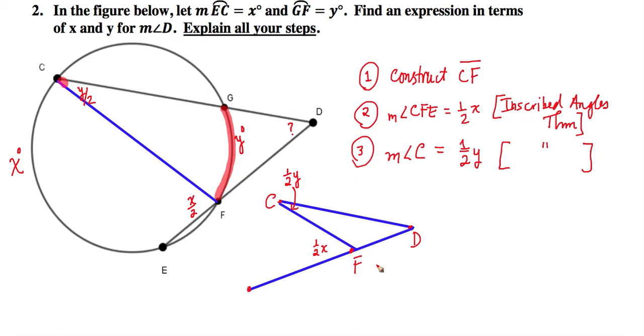And from the exterior angle theorem, we can say that the measure of angle C plus the measure of angle D must be equal to the measure of angle CFE. And this is the exterior angle theorem.